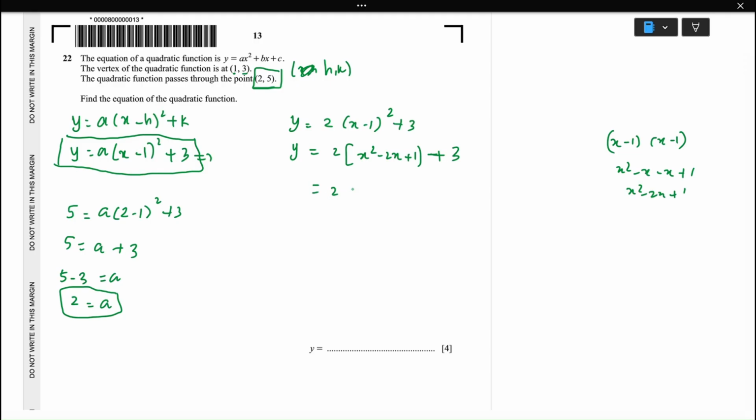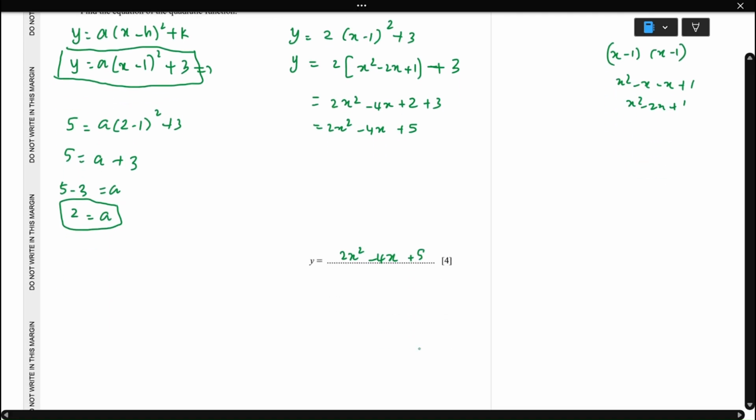Expansion time 2 into x square minus 4x plus 2 plus 3. So here it is going to be 2x square minus 4x plus 5. That is the required equation. So y equal to 2x square minus 4x plus 5.